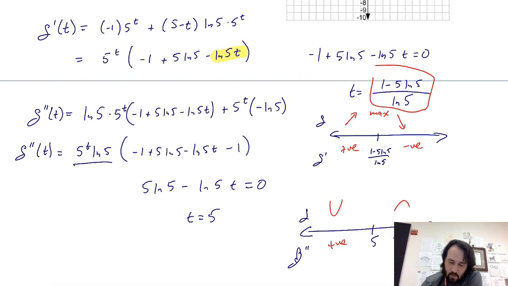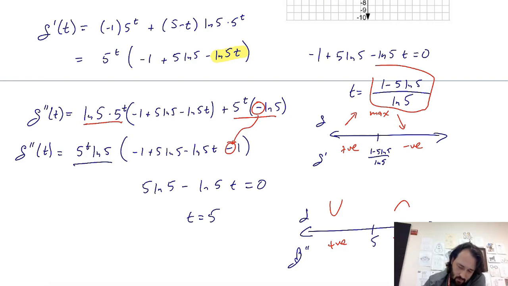I am so sorry. All right, so mistake number 1, I factored incorrectly on the second derivative, right? So I saw that they have ln of 5, 5 to the t, ln of 5, 5 to the t, but I missed my negative, which will carry down as that negative.